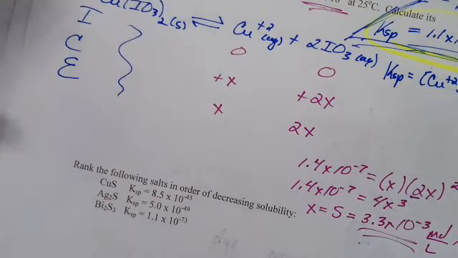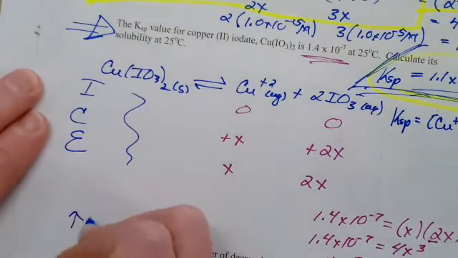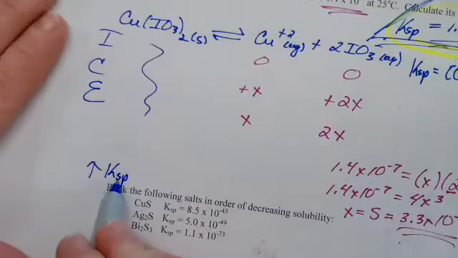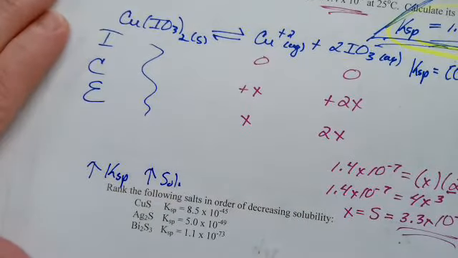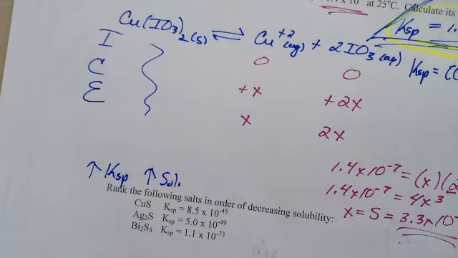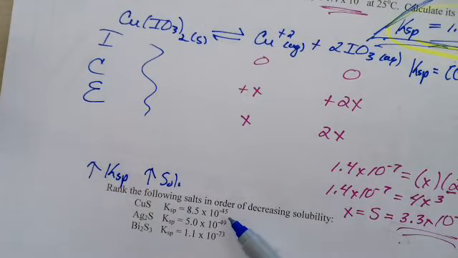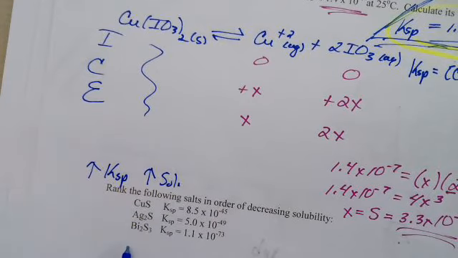And what would the relationship be? Can we say the greater the Ksp value, if that's the product of ions raised to a certain power, the greater the solubility? So then, is the copper 2 sulfide the highest? So it would be first, and then the silver sulfide, and then the bismuth sulfide.